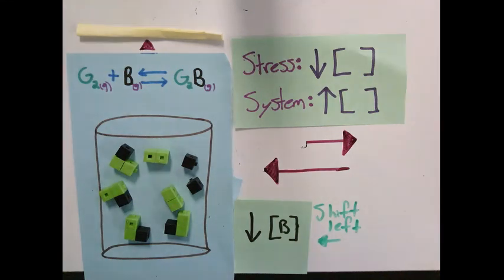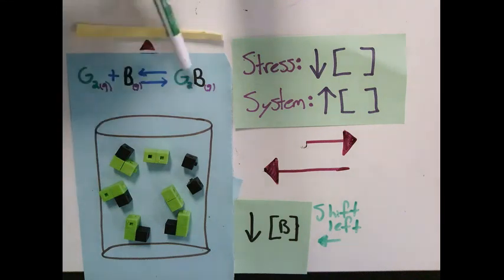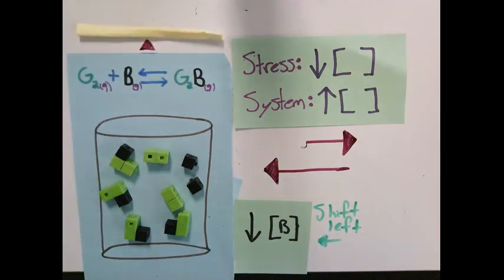What does this mean? That our amount of B's and G2s will actually increase, and our amount of G2B's would decrease.